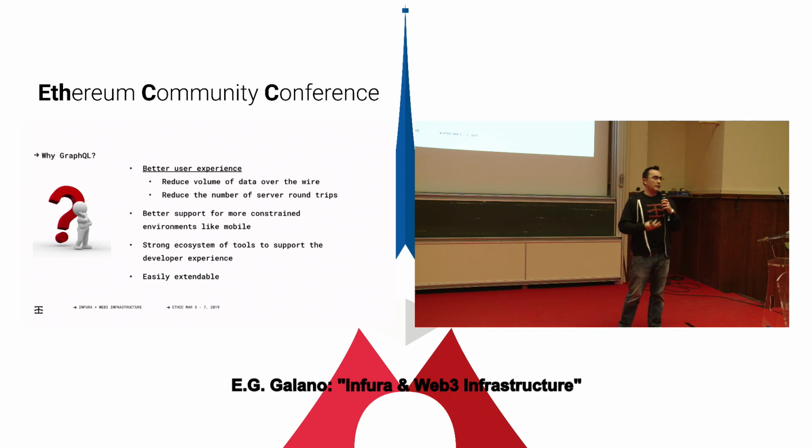So why GraphQL? Better user experience. It helps solve that problem of overfetching or underfetching data. It's less data over the wire, less round trips to the server. It has better support for constrained environments like mobile, since it was built with a mobile-first ethos. There's a strong ecosystem of tools that support the developer experience, right?